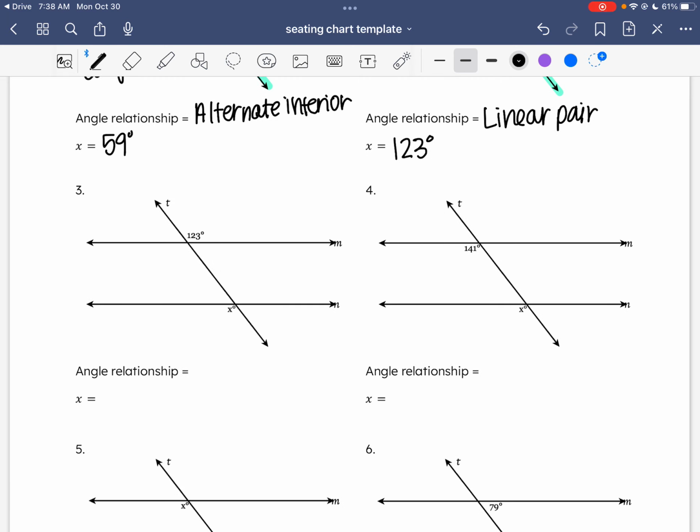Our next one, we have alternate exterior angles. So they're outside the parallel lines, they're on opposite sides of the transversal. So those are alternate exterior. And we know that those are congruent. So if this angle is 123, then this one is 123.